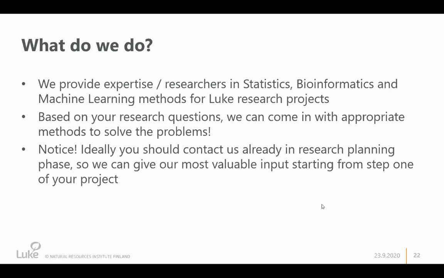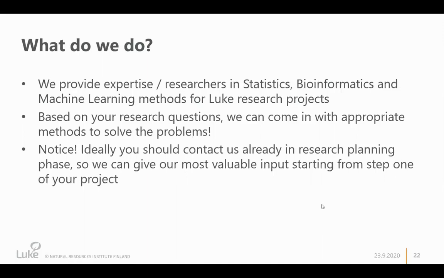So what we do is we provide expertise for Luke research projects in these 3 method areas. The basic idea is that researchers in Luke can come to us with their data and research questions, and it's our task to find the proper methods to solve the problems.